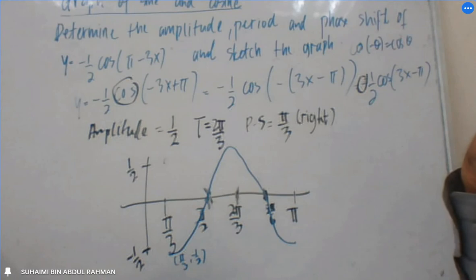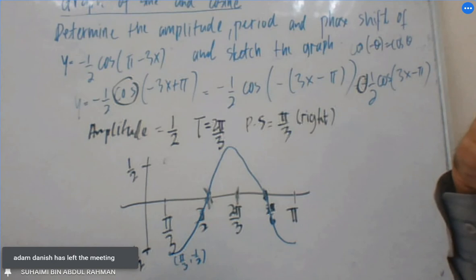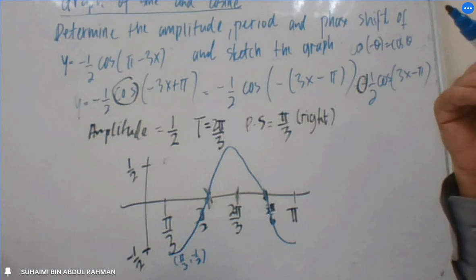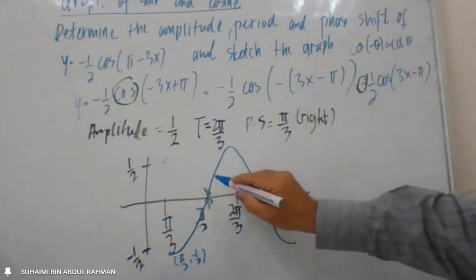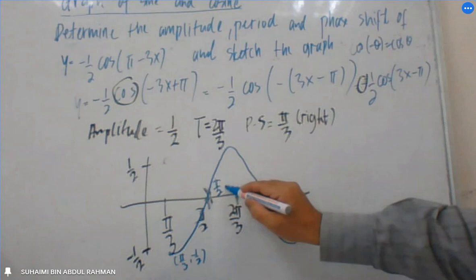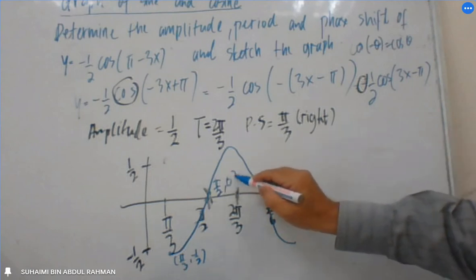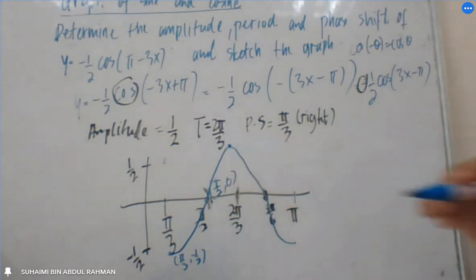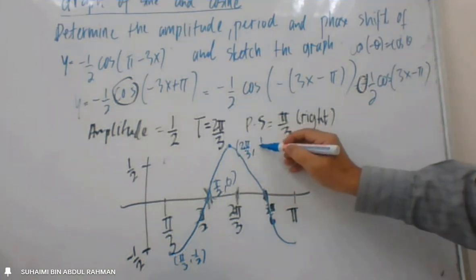What is the point there? Pi over 3, pi over 2 and 0. Point here, 2 pi over 3, 1 over 2.